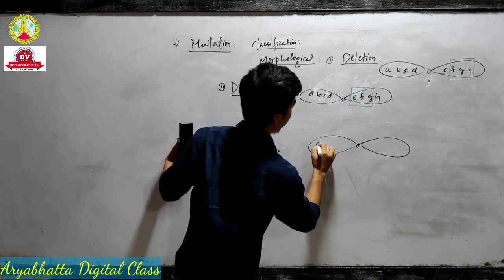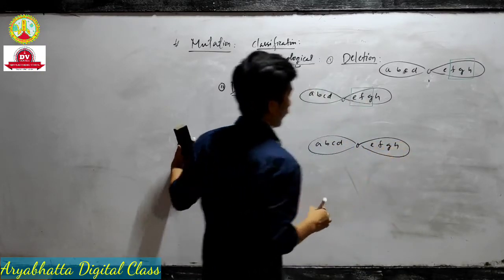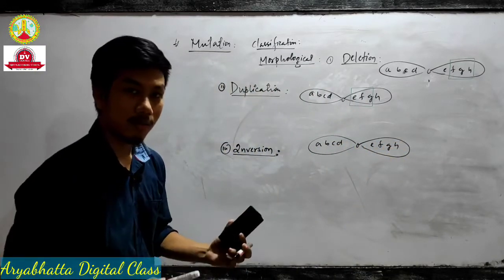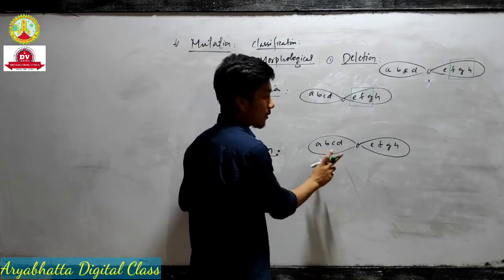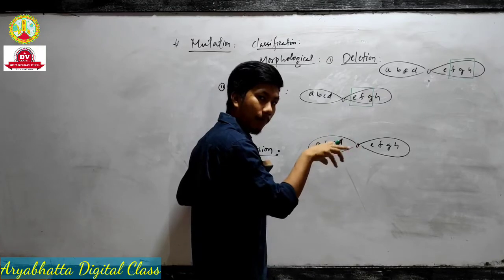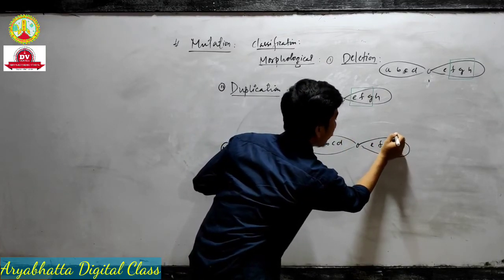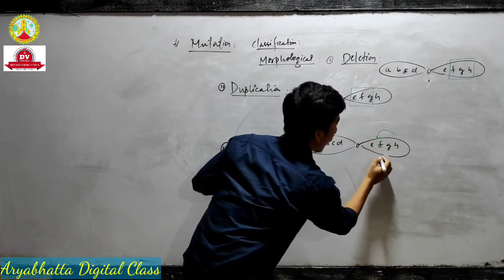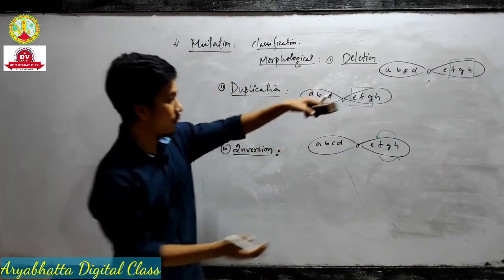Write by yourself. A, B, C, D, E, F, G, H. Try to understand here. Pay attention. In case of inversion, some segment of gene gets flipped by 180 degrees. Suppose this H part gets flipped with F, and F goes in the place of H. So they flip.